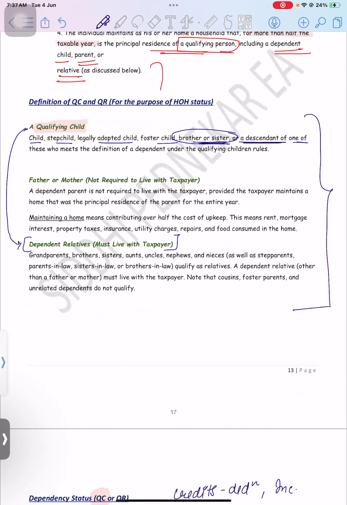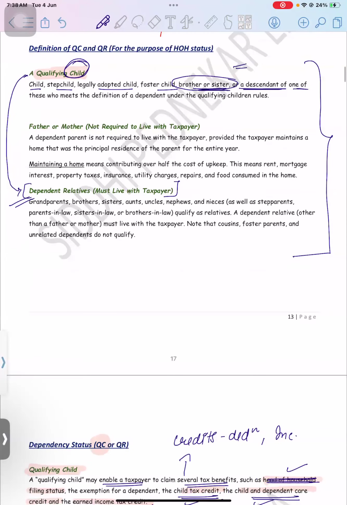Just remember this definition for head of household. In head of household also, a sibling will not fall under qualifying child, but will fall under dependent relative. In that case, grandparent, brother, sister, aunt, uncle, nephew, niece will fall under the definition. It will not include cousins, foster parents, or unrelated dependents. These three are important to remember while understanding the HOH status.